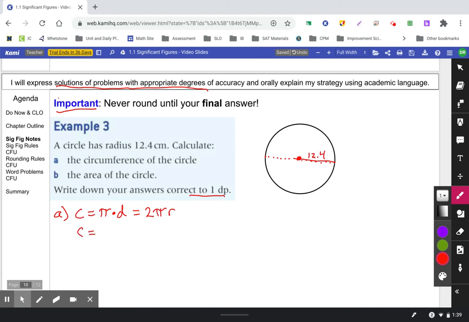So using that, now we'll have the circumference is equal to 2 times pi times the radius, which is 12.4. And now what I mean here by don't ever round until your final answer is that if you use 3.14 as an approximation of pi, like most people know to do, it could potentially give you a wrong answer to the degree of accuracy that they're stating.